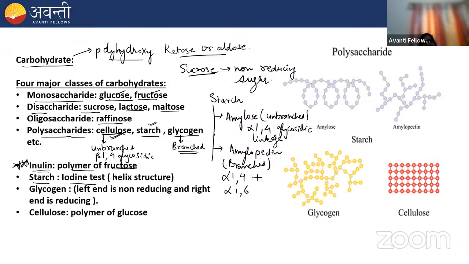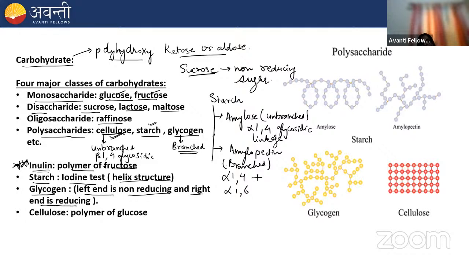Starch shows the iodine test because of its helical structure. The iodine gets trapped in this helical structure and cannot move out. Because of that, the starch gives a blue-black color. It shows a positive iodine test. In glycogen, the left end is non-reducing and the right end is reducing.